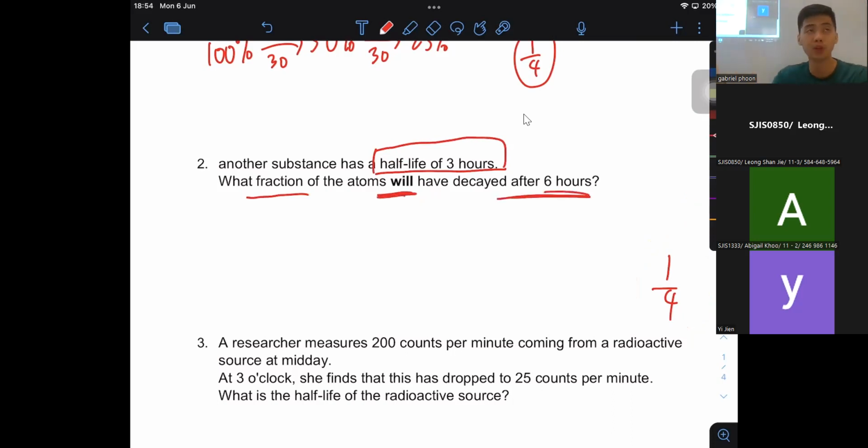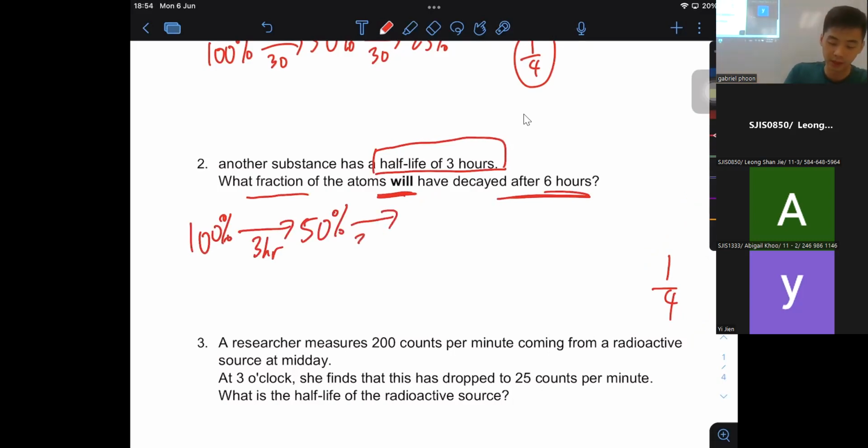I don't know how much it started off with, right? Then I'm just going to write in terms of percentage. For sure it starts off with 100%, right? After one half-life, which was 3 hours, it would have decayed to 50%. After another half-life, it would have decayed another 25%, right? So this is the percentage that is left after 2 half-lives, which is 6 hours.